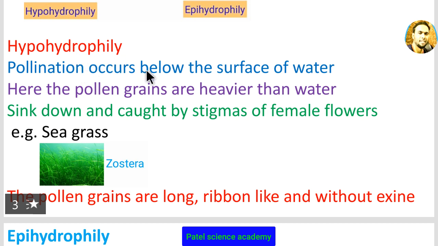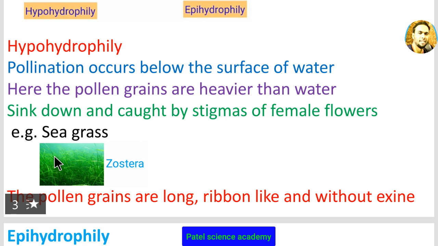Here the pollen grains are heavier than the water and sink down, and are caught by the stigma of the female flower.